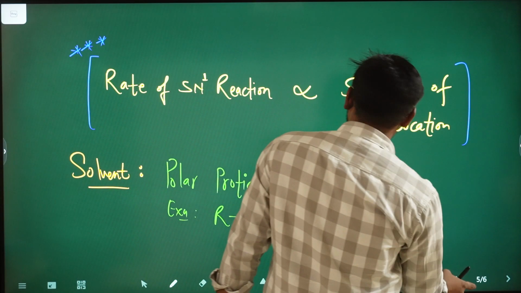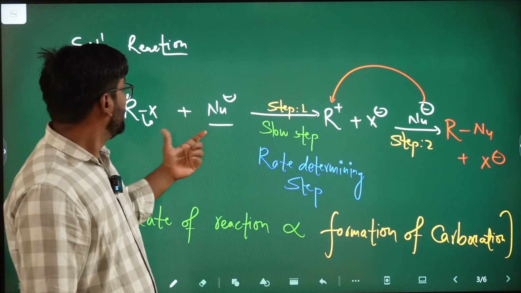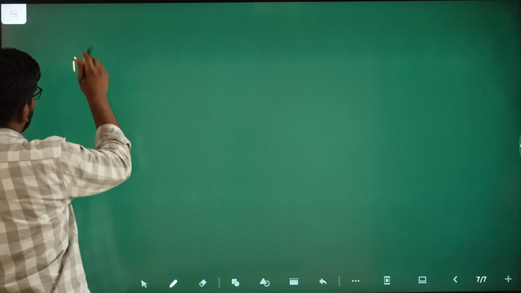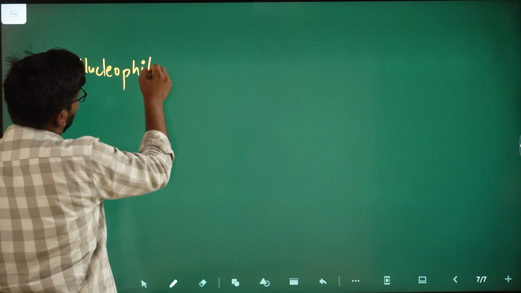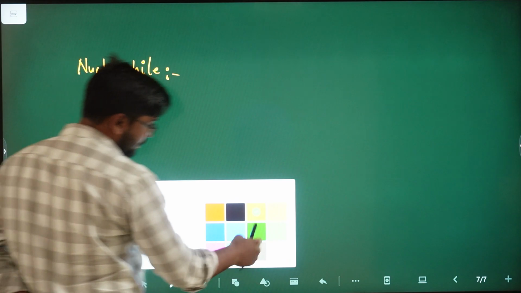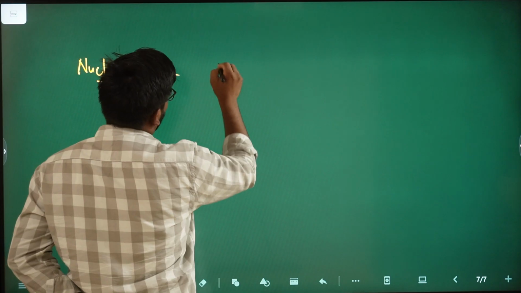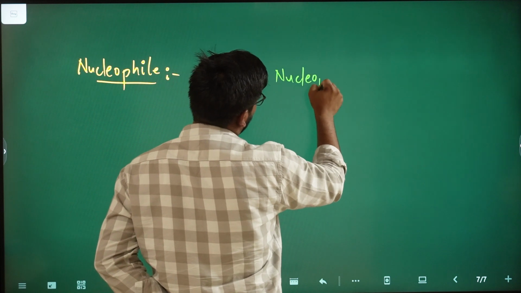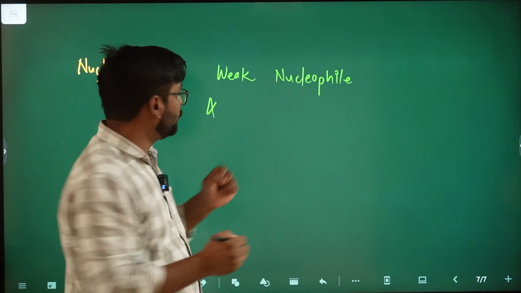Okay. Now our third part of the reaction is the nucleophile. What type of nucleophile can we take? Here the nucleophile should be a weak nucleophile, like a neutral nucleophile.